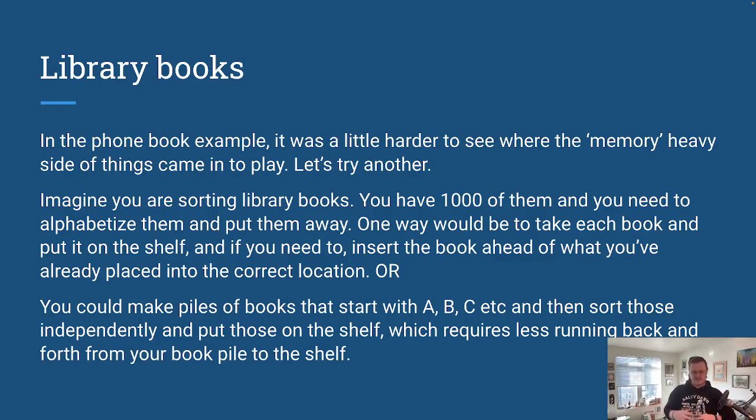So it's easy to say, oh, I've got 100 books that start with A, sort those themselves, and then just put them all up on the bookshelf immediately. It doesn't take a whole lot of energy to go boop, boop, boop, boop, boop, once those are sorted within themselves, as opposed to one book at a time amongst the whole 1,000 and trying to figure out where that goes. So anyways, it takes less running back and forth, but it does require a little bit more remembering where those piles are and how much stuff is there.